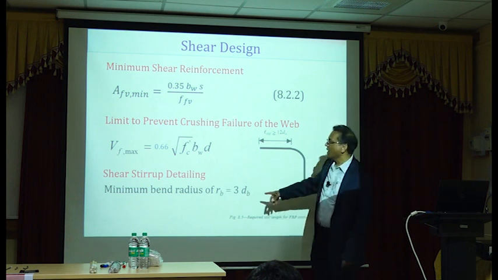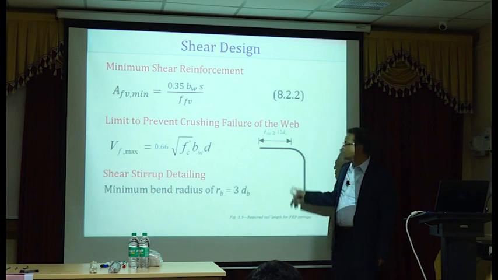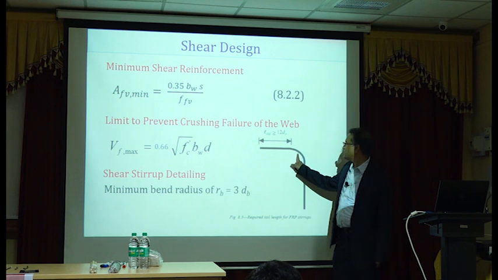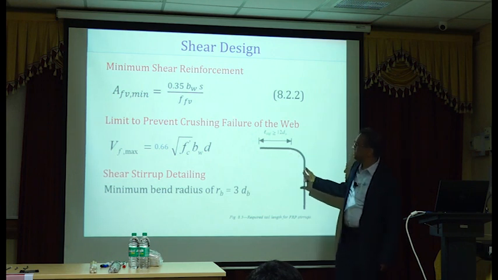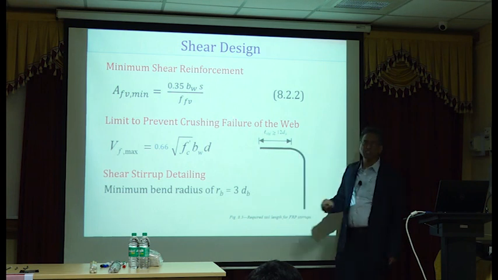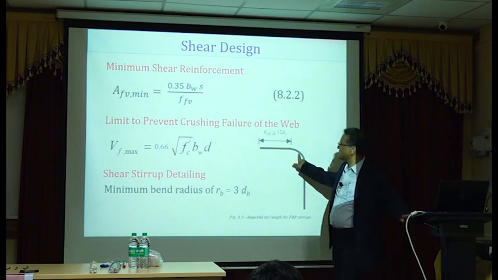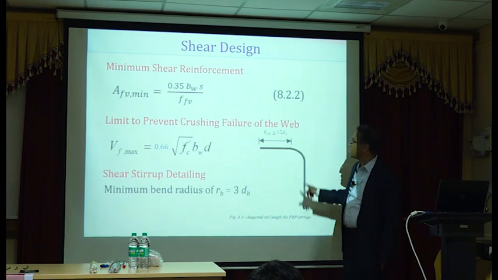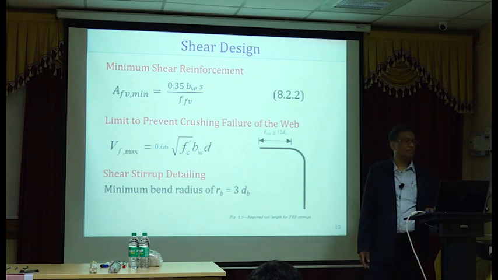So this bend radius for shear reinforcement minimum is 3 times dB. When it says 3 times dB, it refers to the center line. Therefore, the inner radius to the inside surface is 2.5 times dB. The mean or center line dimension, the bend radius is 3 times dB.